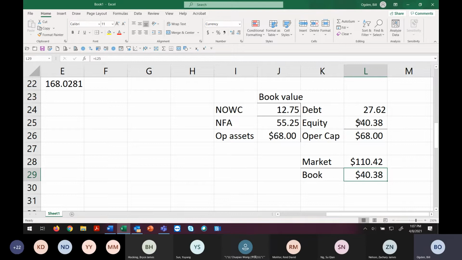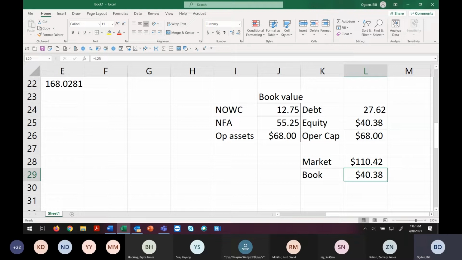All right. So let's tell a story about this. I'm with a bunch of 8th graders from Barron, and I'm in a junior achievement activity and we're showing them things about finance. Well, what do you explain here? Well, what I'm going to tell them is that the shareholders have invested $40.38 in this company.